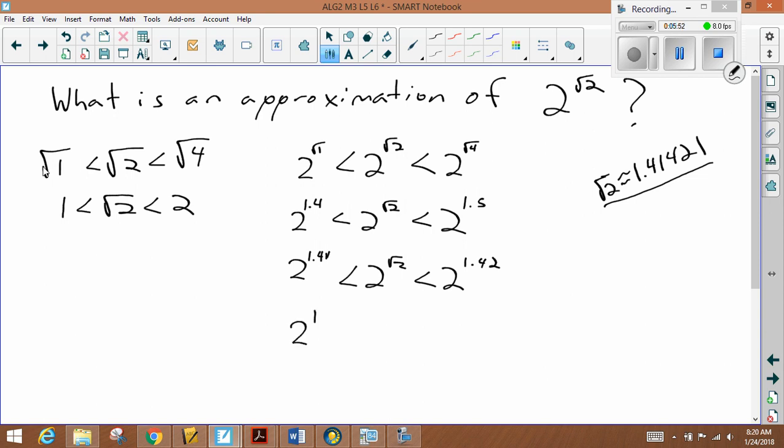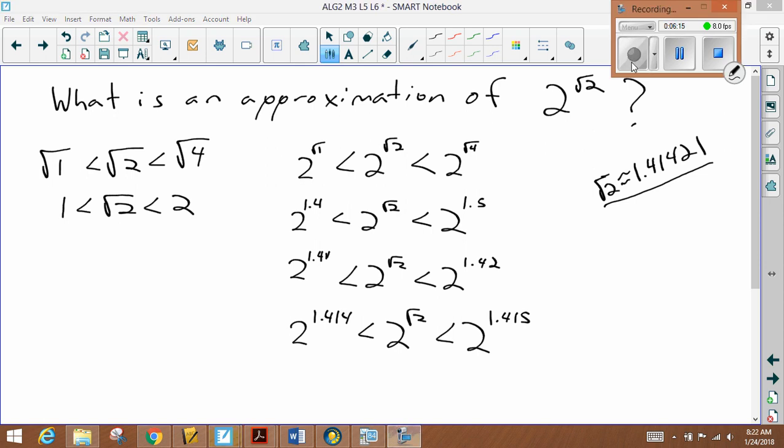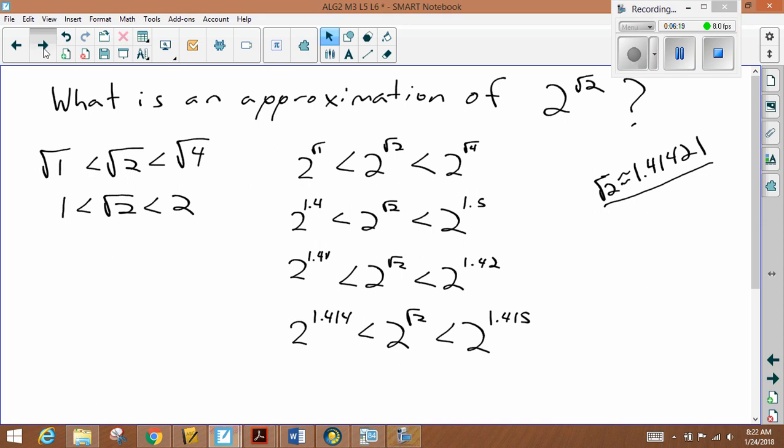So it's somewhere between 2 to the 1.414 and 2 to the 1.415. And you can see the pattern.